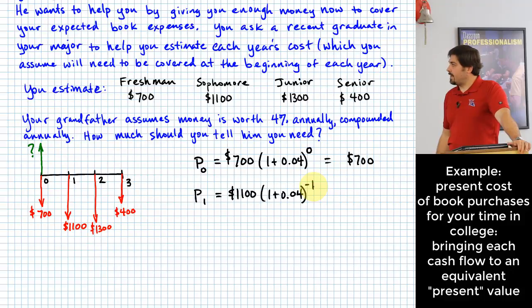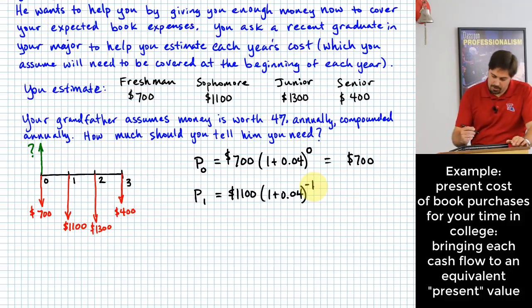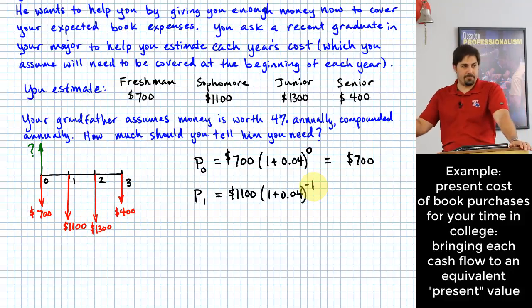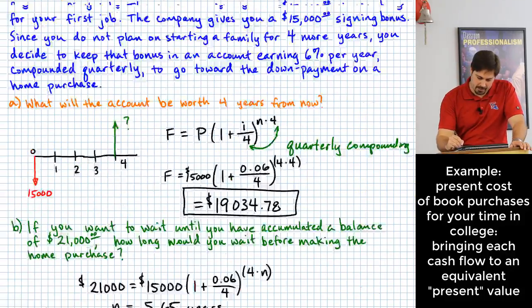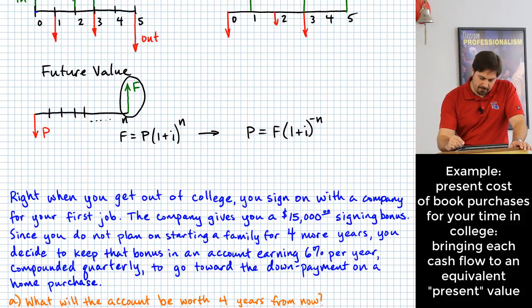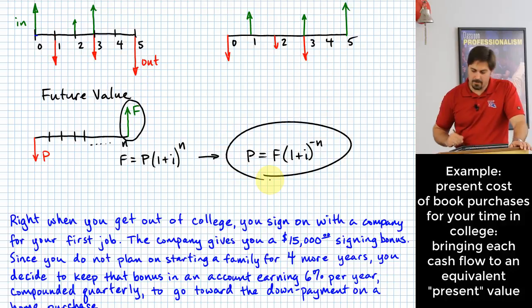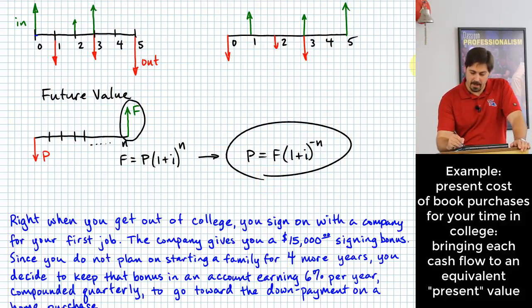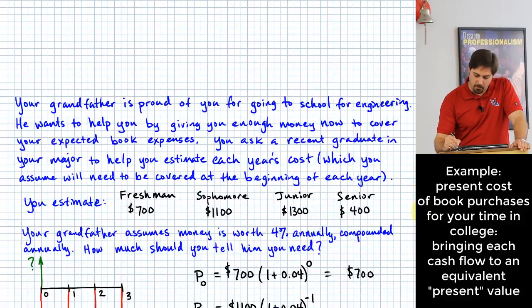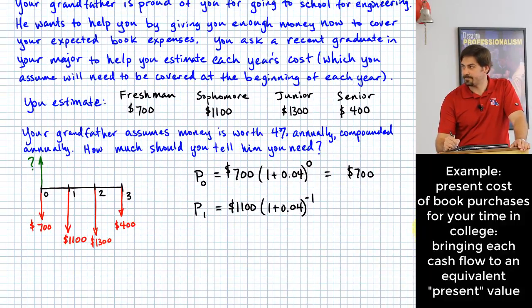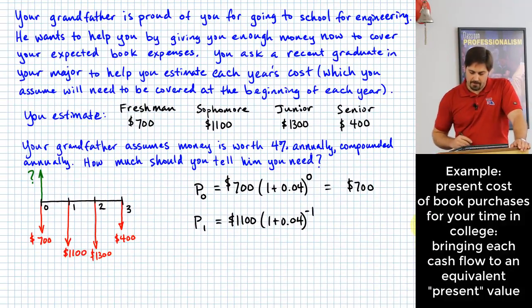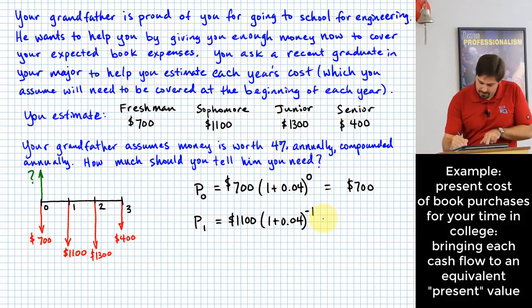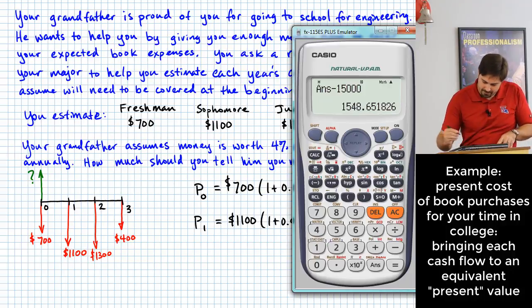Yeah, it is because we're trying to find P from F. And if you remember up here just a few seconds ago, our formula for P from F had your exponent to a negative power, right? And it's because money later down the road is not worth as much as money now. So we put negative 1 here, and how does this calculate?